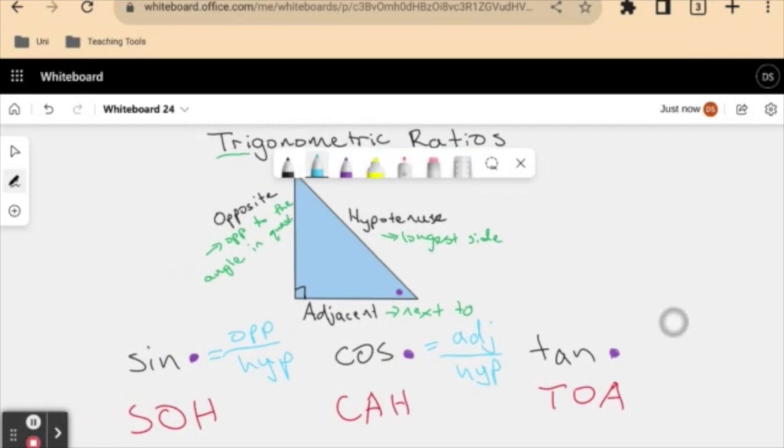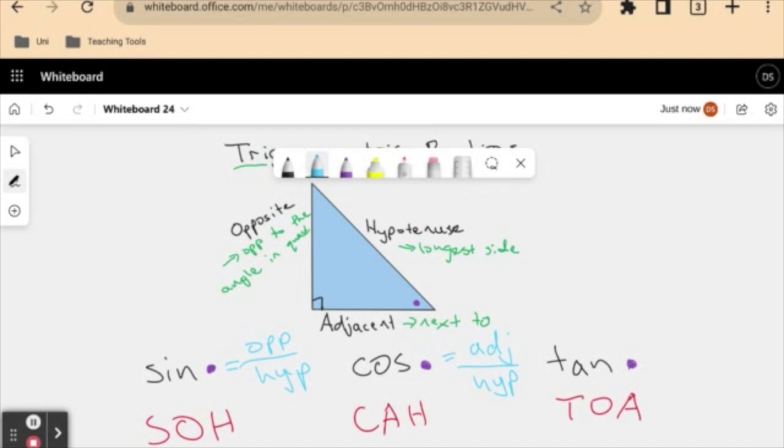And as you might have guessed, our tan relates the opposite to the adjacent. So the tan of our angle in question is the side opposite to it over the side adjacent to it. So writing that here, opposite over adjacent. Cool.